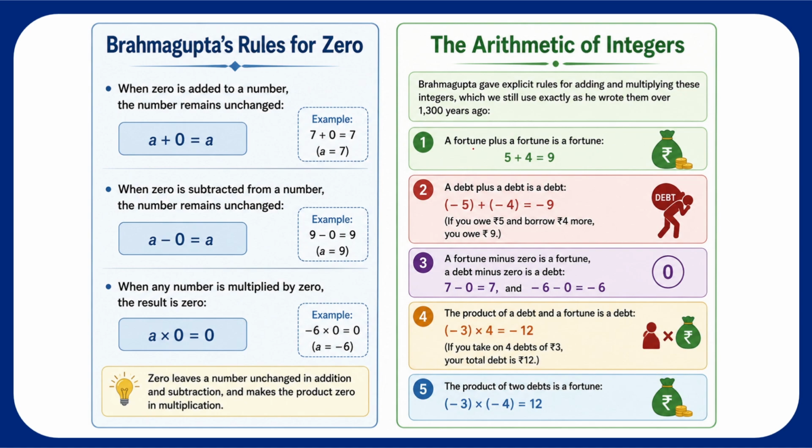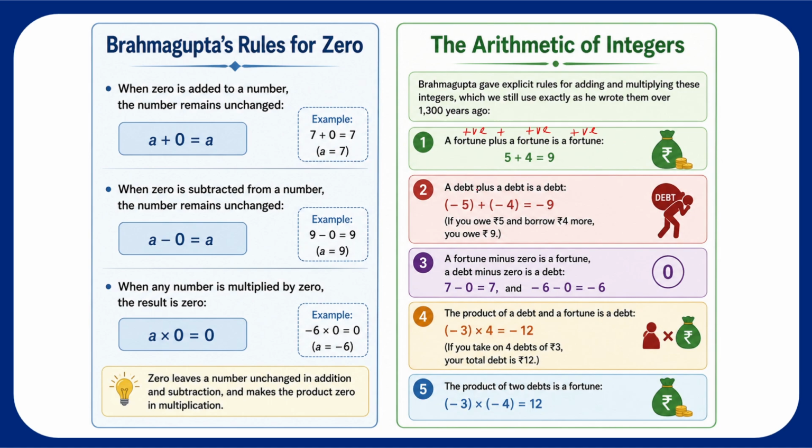In the first rule, we have: a fortune plus a fortune is a fortune. In these rules, fortune means positive integers. So a positive integer plus a positive integer gives you a positive integer. For example, positive 5 plus positive 4 gives you a positive 9. The next rule: a debt plus a debt is a debt.